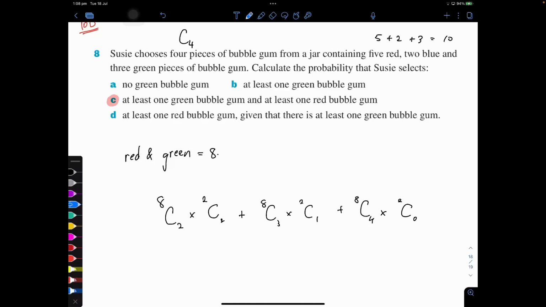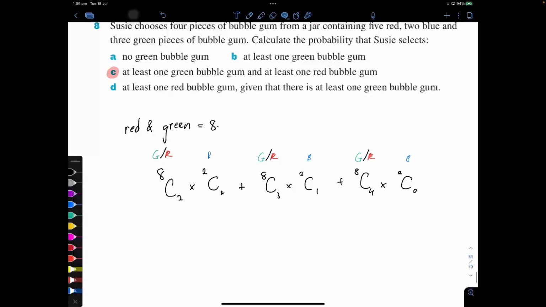Blue, blue, blue, and this one's green or red, because we can group the green or red together. But since you have to choose at least one, can you figure out what this is?